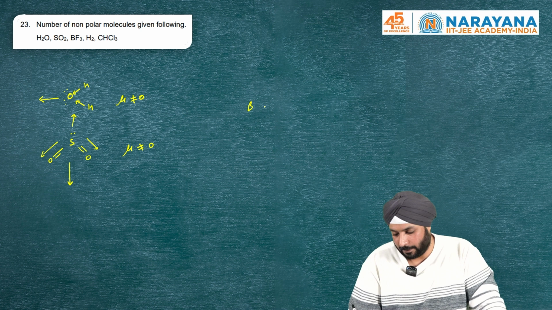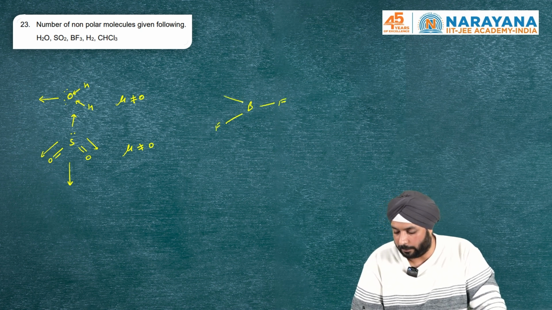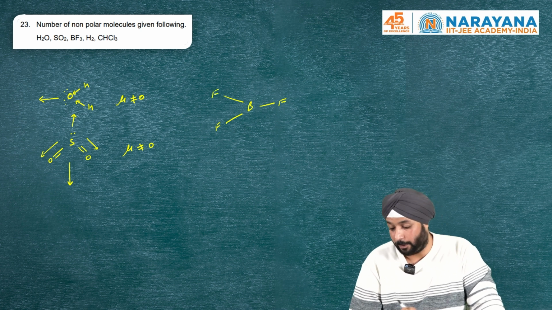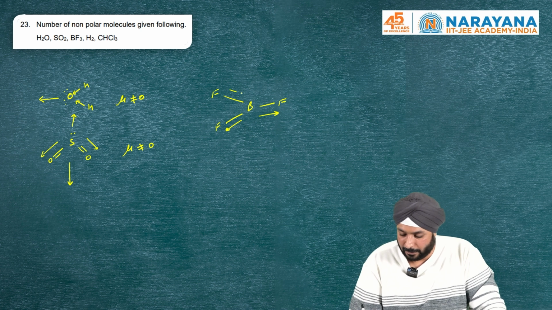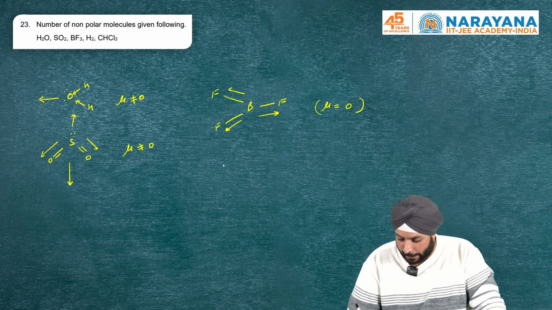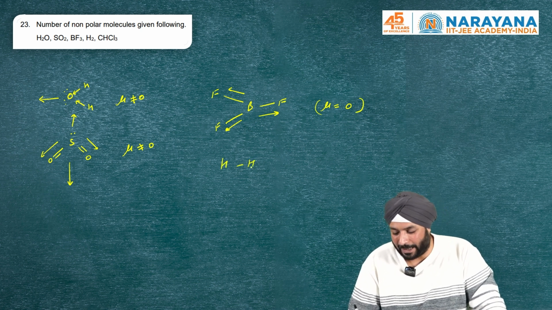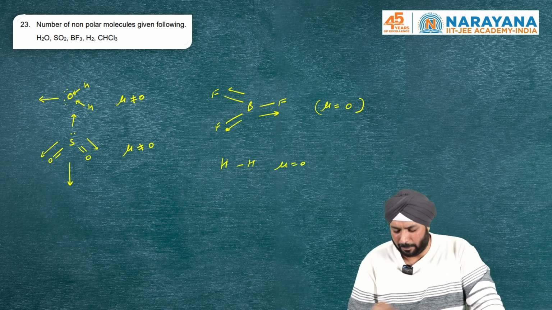BF3, trigonal planar geometry, sp2 hybridized molecule, which also shows back bonding. Here, here, and here, the net dipole moment will get cancelled. It should be 0. For hydrogen, the electronegativity difference between the hydrogen atoms will be 0. Hence the net dipole moment will be 0.